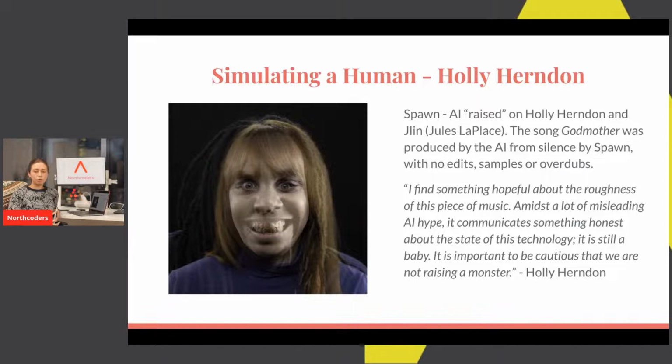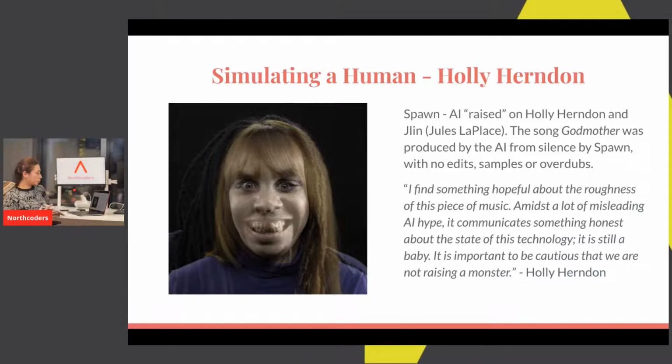But using AI to generate a song or music or even voice is not necessarily something that is new. What struck me as interesting here is the fact that the song Godmother was created from silence. So there was no direct input of edits or samples or overdubs as the AI was creating the song itself.